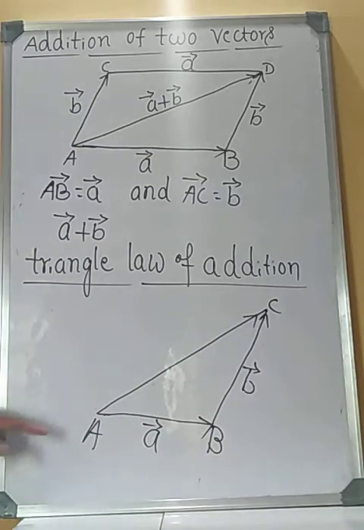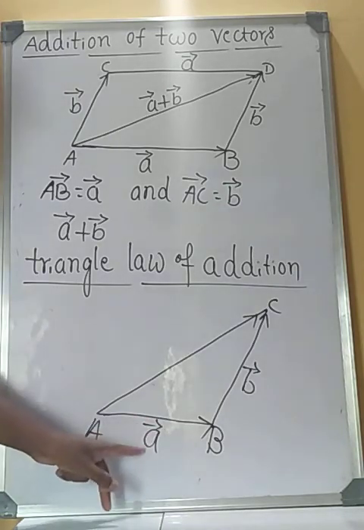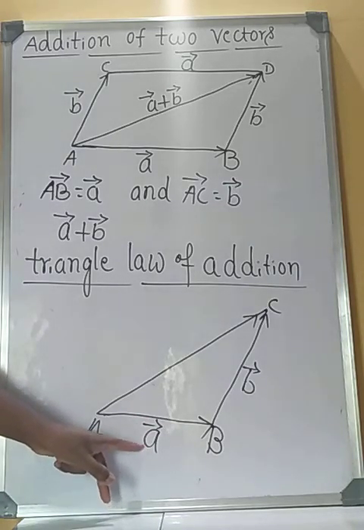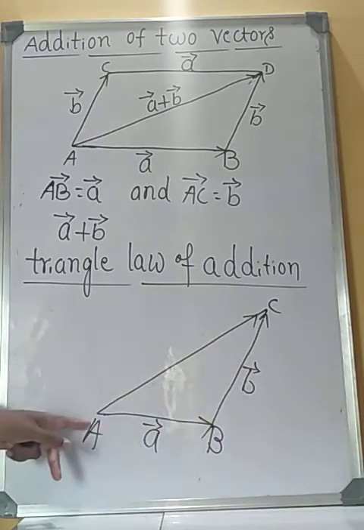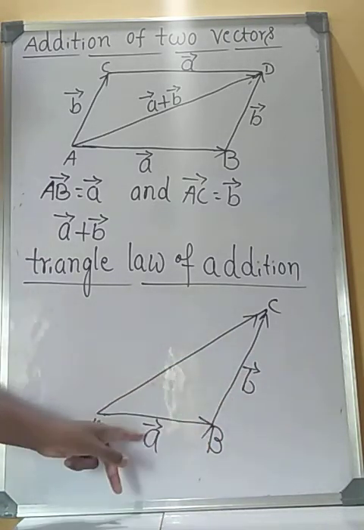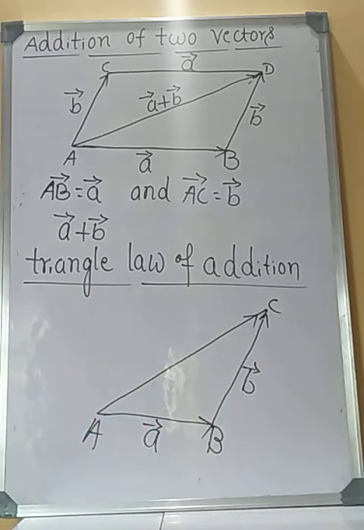Here let vector AB equal vector A and vector BC equal vector B be any two vectors.